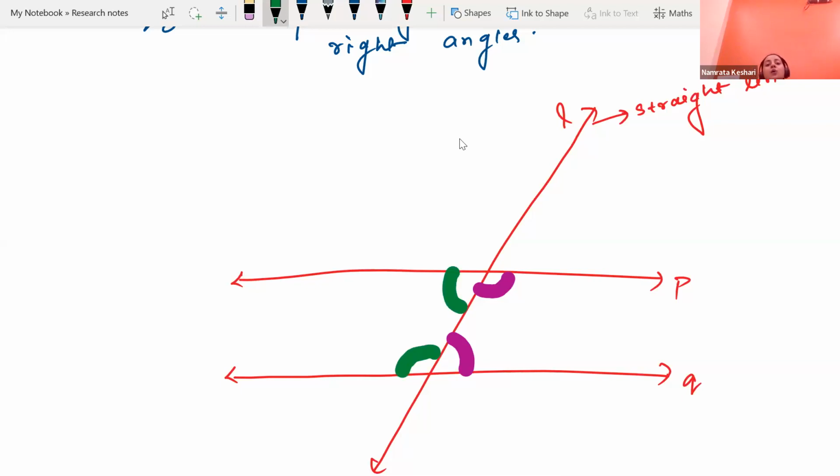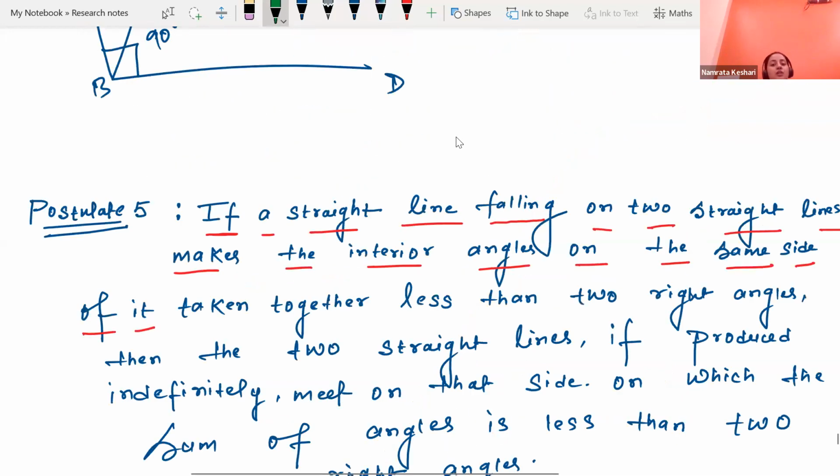Interior angle on the same side of it means the straight line L. That's what the statement says: the straight line is making the interior angle on the same side of it.